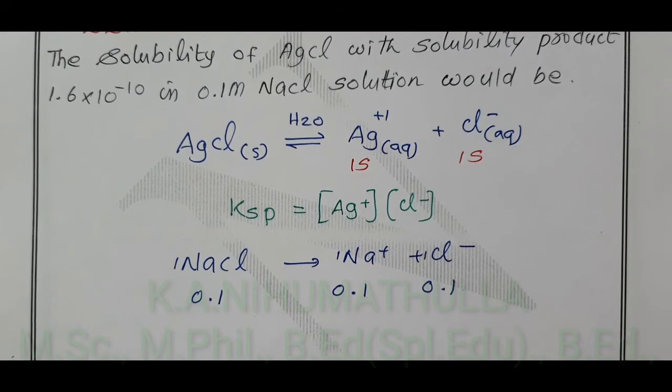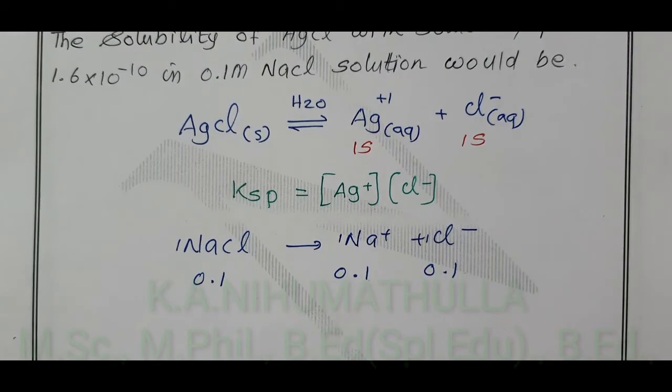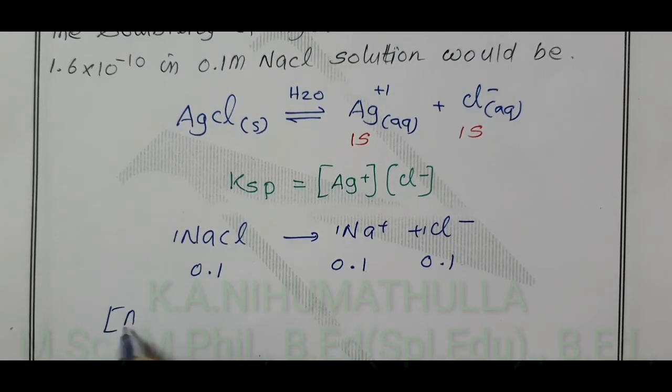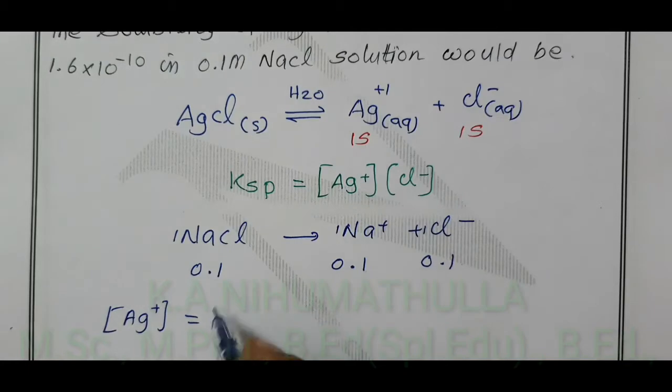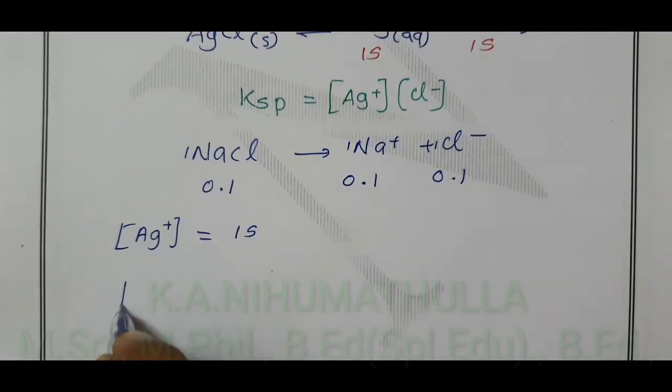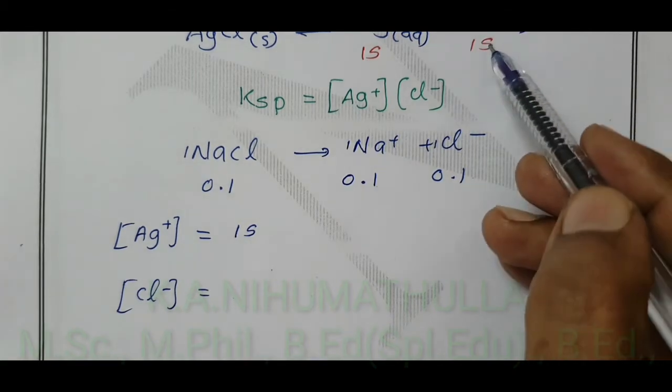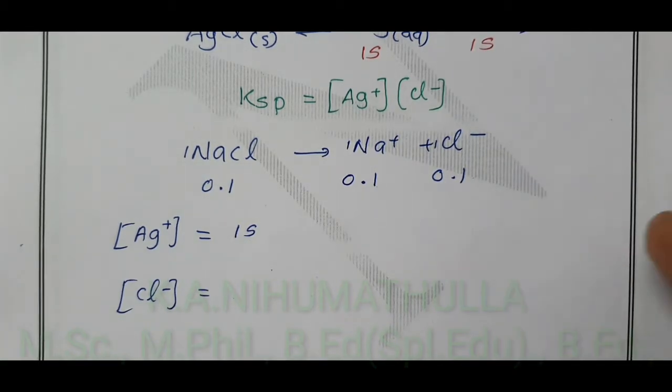To find out solubility, we require Ag plus ion concentration and Cl minus ion concentration. So, Ag plus ion concentration is equal to 1s only. Cl minus ion concentration is equal to, here S, here 0.1.